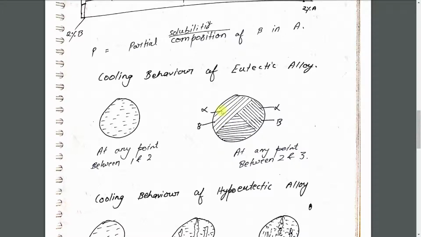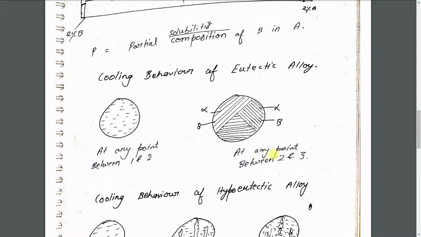There is a little bit of mixing with each other. So alpha where B is 5% and A is 95%. Similarly, beta layer, B having 95% and A is 5%. We have already discussed that previously, so you can understand this diagram.